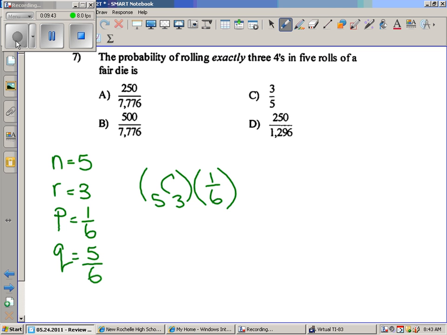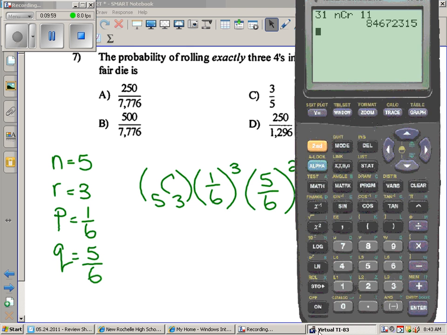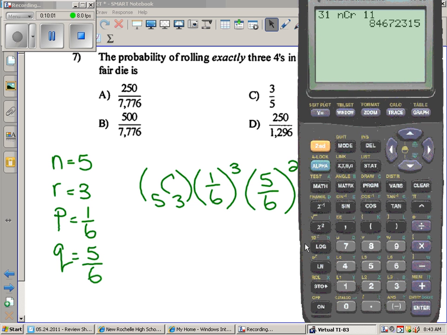1/6. How many 4s do we want? 3. And then just punch that into your calculator and find it out. Right? Parenthesis 5 math.